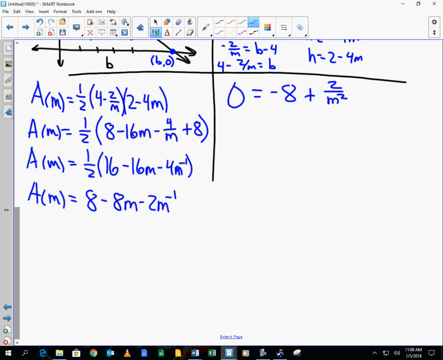You solve by either adding the 8 and cross multiplying, or you can find common denominators. It doesn't matter. 8 equals 2 over m squared. Cross multiplied, 2 is equal to 8m squared, or 1/4 is equal to m squared. So what is m?